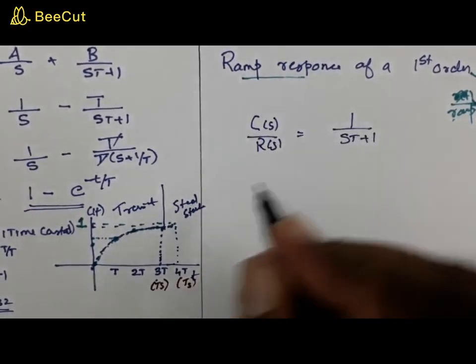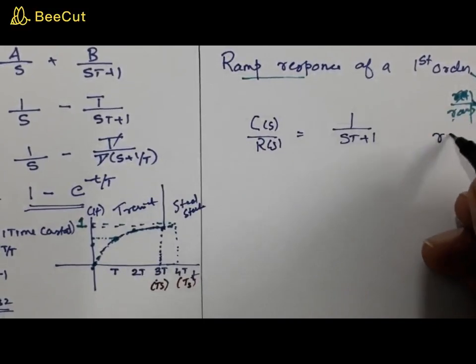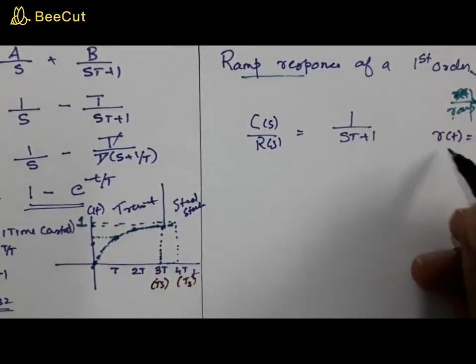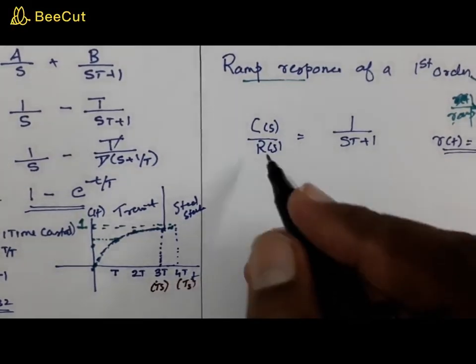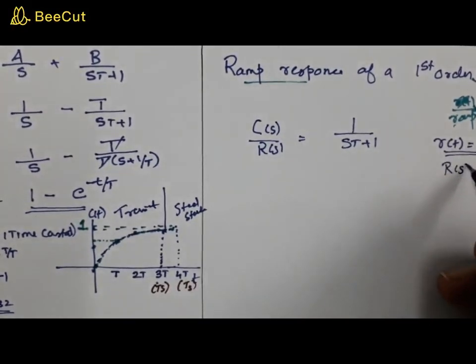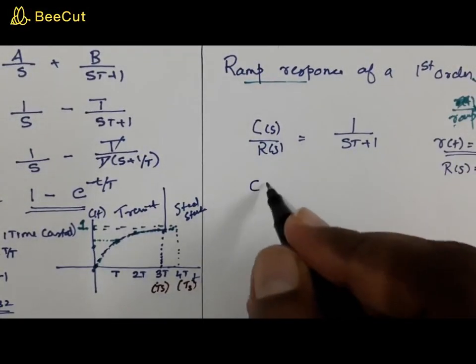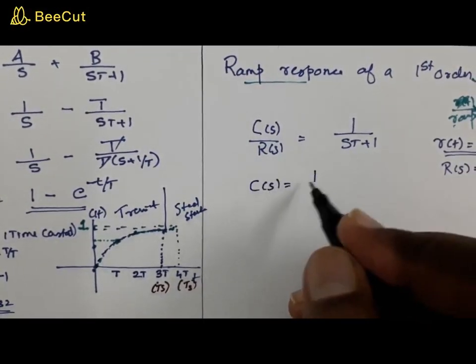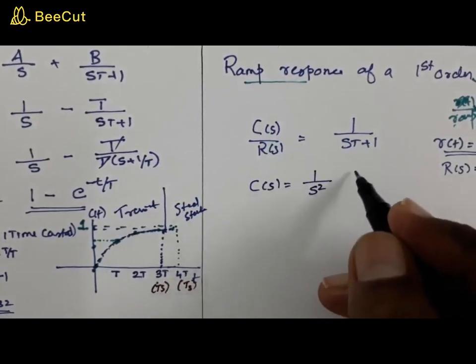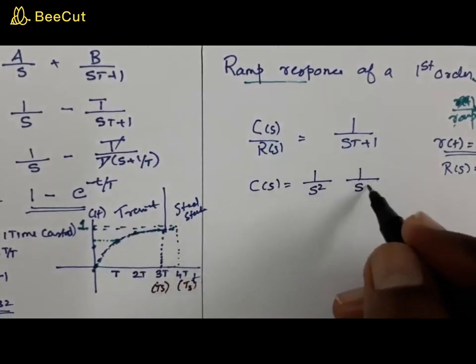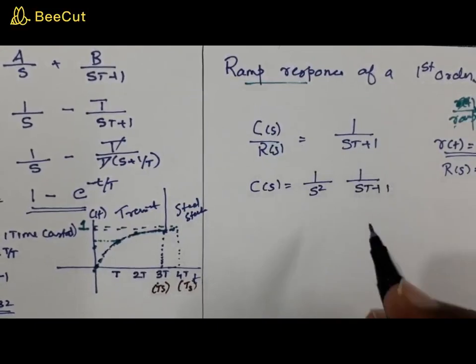What is r of s? r of t is t, that's your ramp input. When you take the Laplace transform, you get r of s as 1 by s square, so c of s is equal to 1 by s square into 1 by sT plus 1.